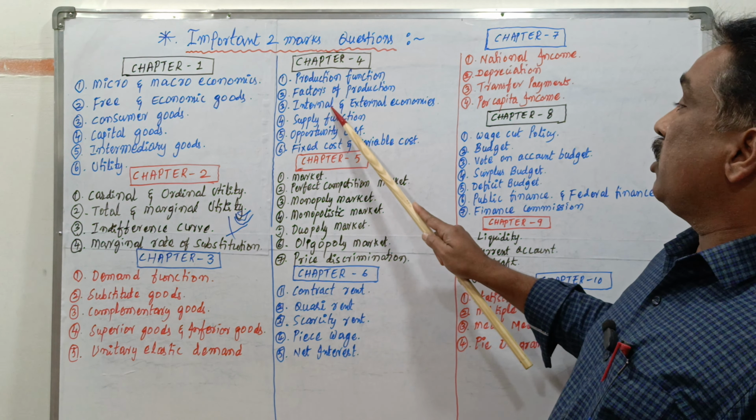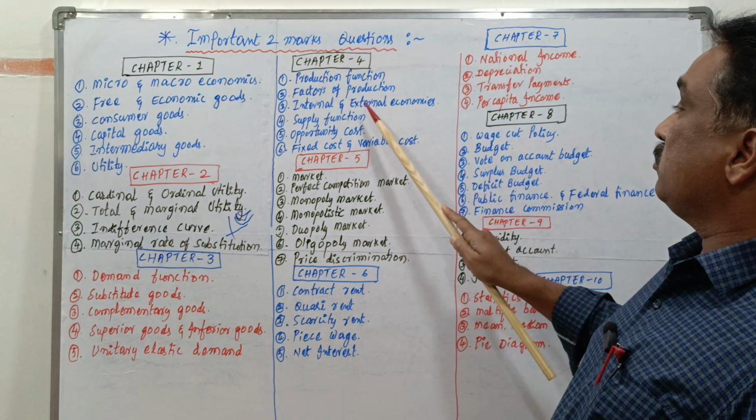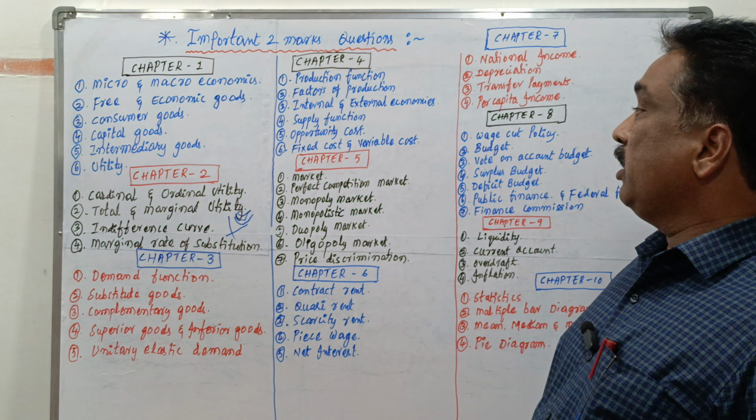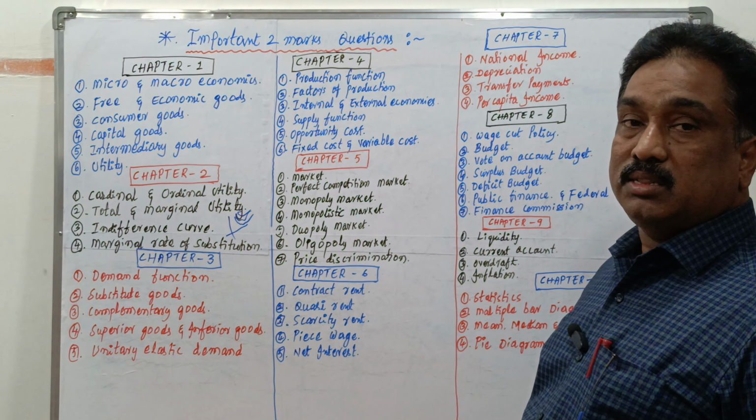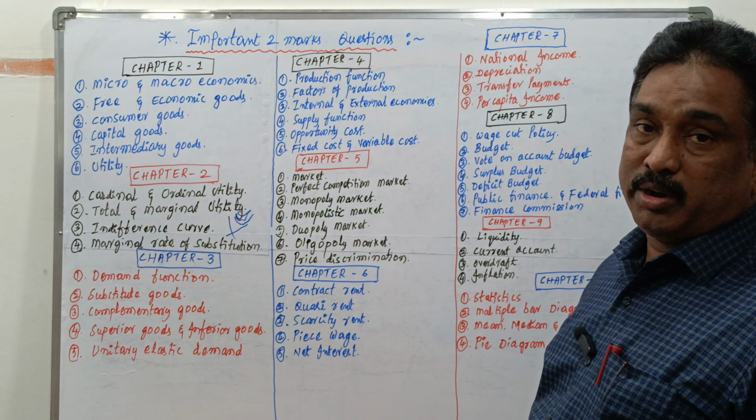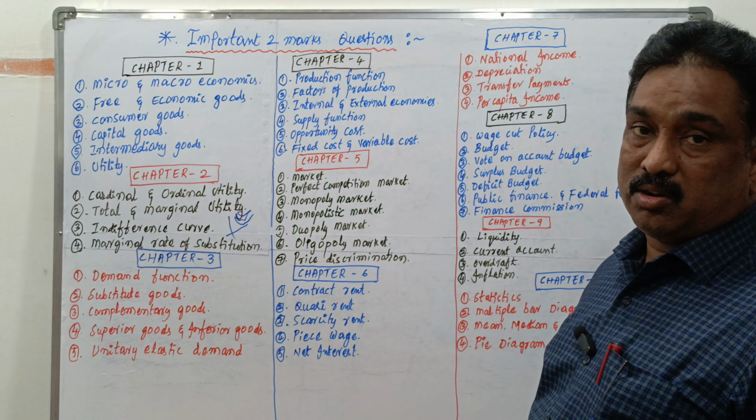What are internal economies? What are external economies? What is their difference? Individually they are given as important 2 marks questions. They just ask what are internal economies and what are external economies.